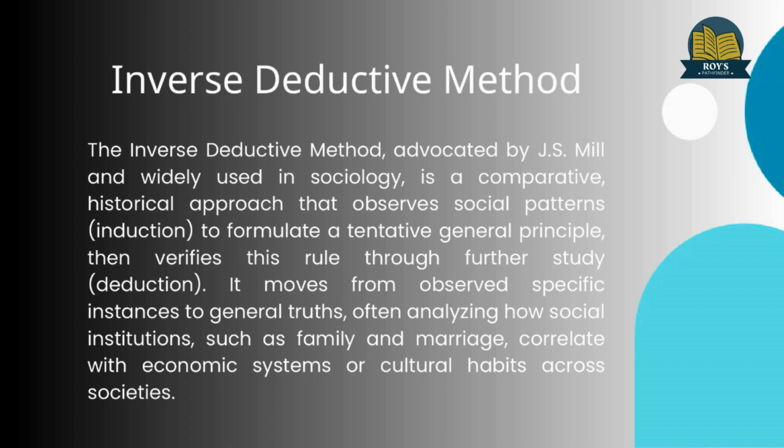This method moves from the concrete to the abstract, helping us derive broad social truths from detailed observations. For example, it often involves analyzing how key social institutions, like family structures or marriage customs, relate to larger economic systems or cultural habits across different societies. This comparative and historical lens allows sociologists to understand how societies function and evolve by connecting specific behaviors to overarching social rules.